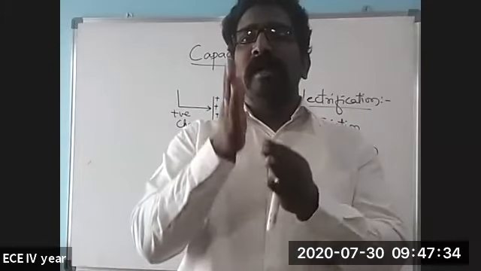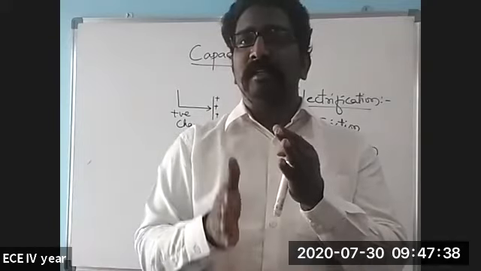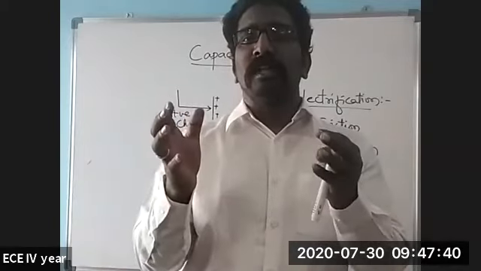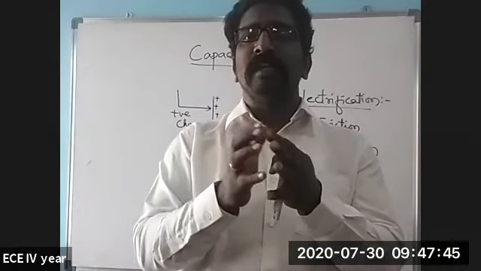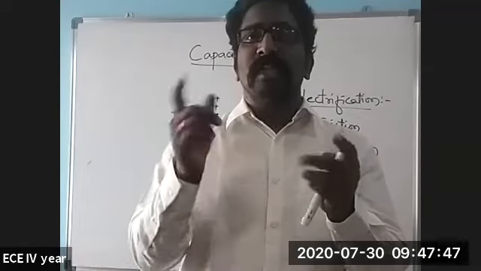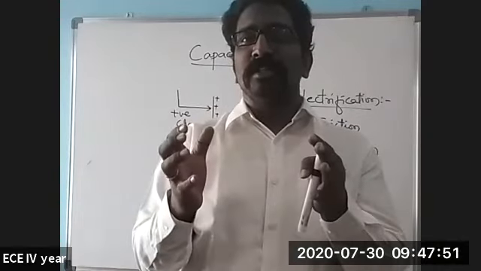So a demarcation line has been created between the positive and negative charges in the neutral body. Now a neutral body has been converted into a charged body. That's how this complete process is called an induction process.